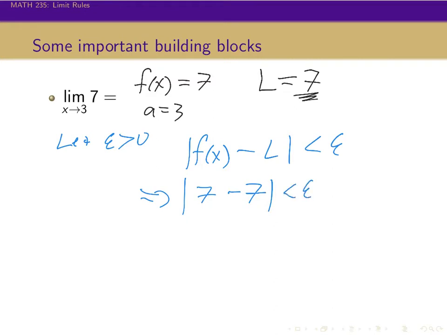And so we want that to be less than epsilon. But what's 7 minus 7? Well, 7 minus 7 is 0. And at the beginning we said epsilon is greater than 0. So when is epsilon greater than 0? This is always true. So delta can be anything.